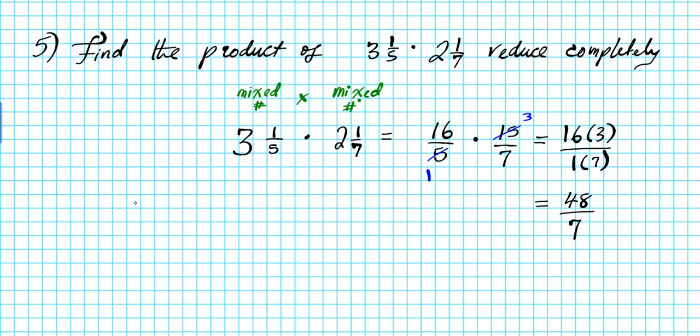If we want to write this as a mixed number, we just divide 48 by 7. 7 times 6 is 42. Subtract, the remainder is 6. So 48 over 7 is 6 whole number, remainder 6 over 7 as a mixed number form of our final result.